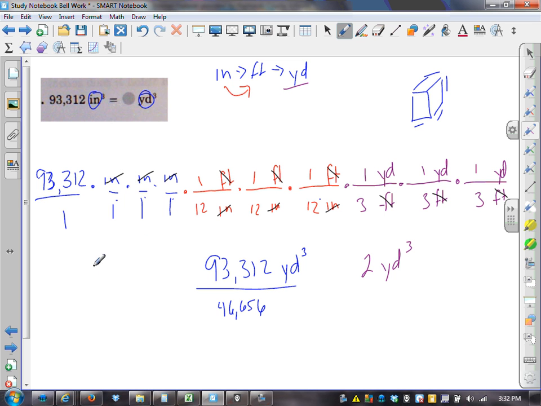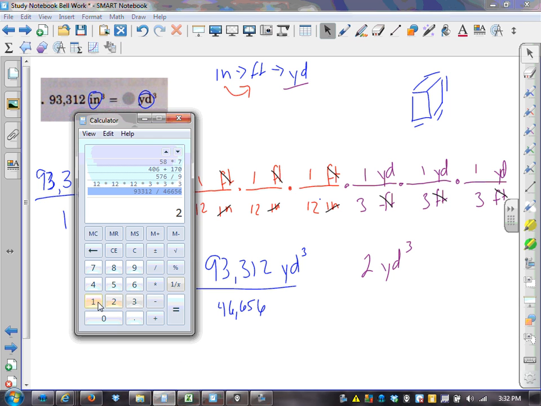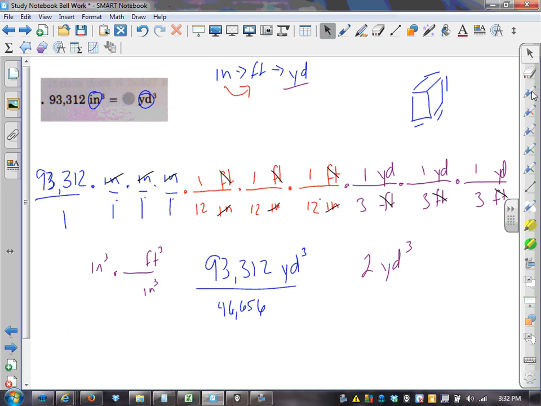Since you could say inches cubed, and then convert that and say, well, inches cubed are on top, so inches cubed are on bottom, and then feet cubed go to the top, right? Then you have to cube our conversion. So 12 cubed would be 12 times 12 times 12, right? 1,728, right?